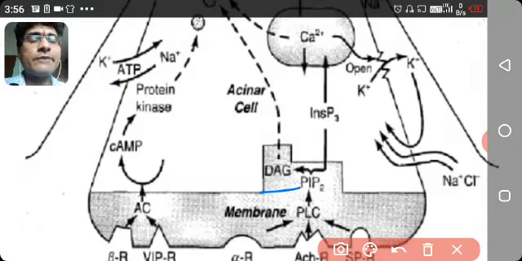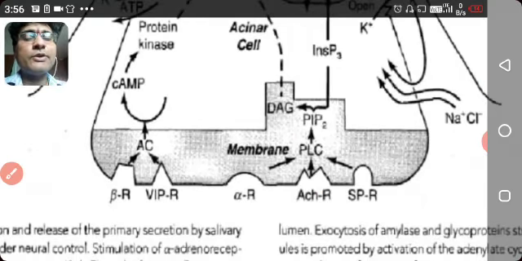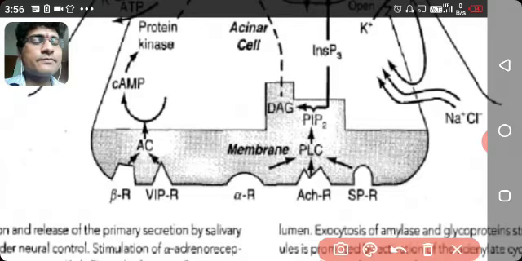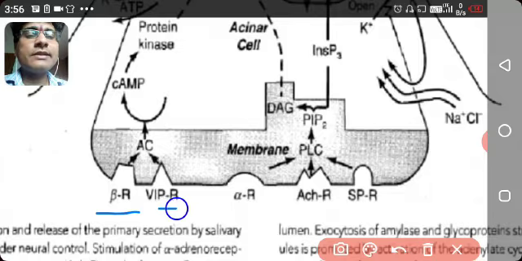Number one factor, and factor number two which increases the exocytosis is this beta adrenoreceptor. This is beta adrenoreceptor and vasoactive intestinal peptide receptors.